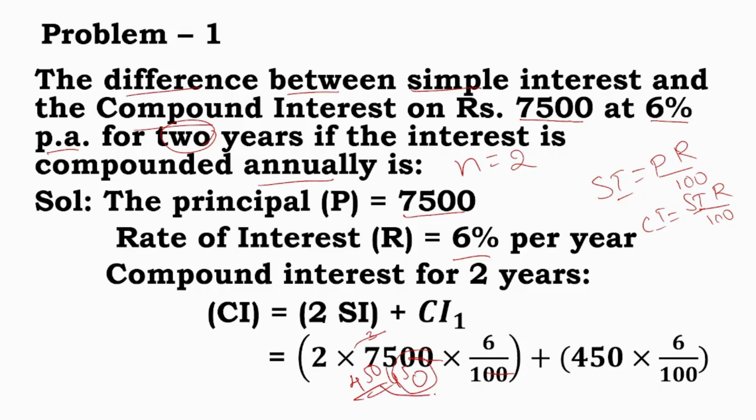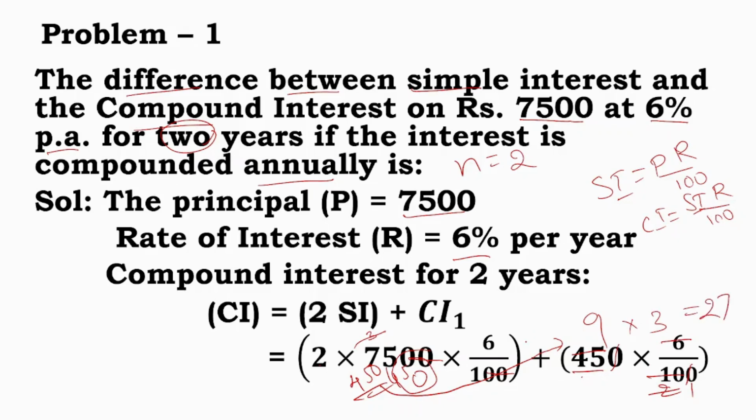The compound interest is imposed on this 450. That's why 450 into 6 by 100. So 0 and 0 get cancelled. 9 threes are 27.